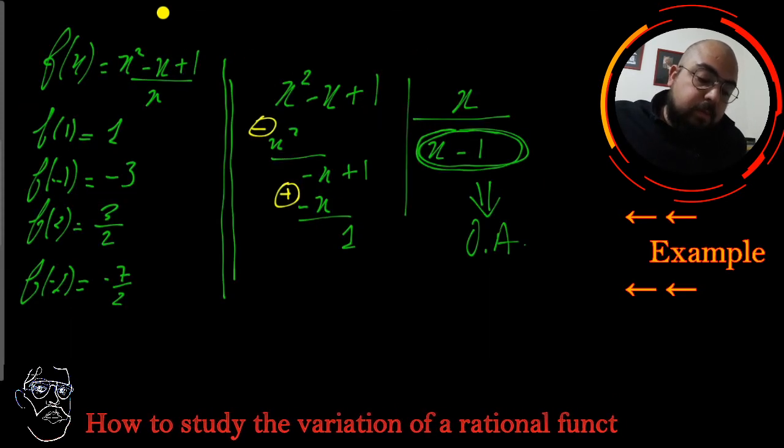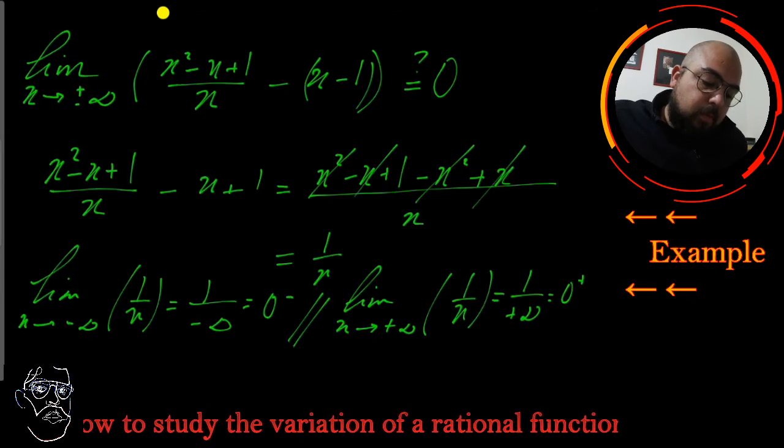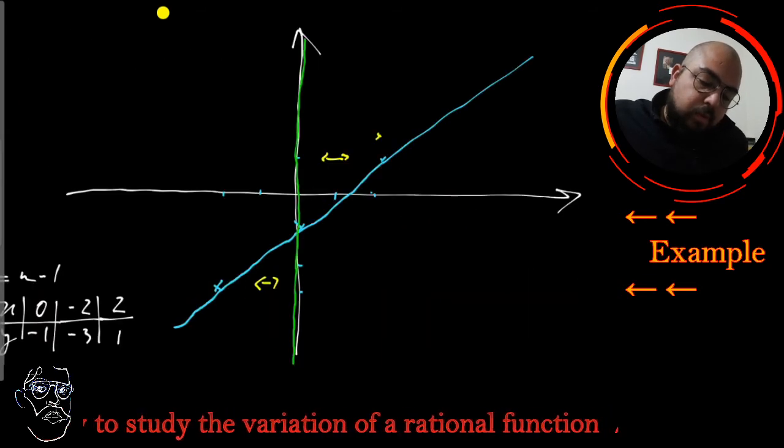F of minus 2 is minus 7 over 2, so it's somewhere here.